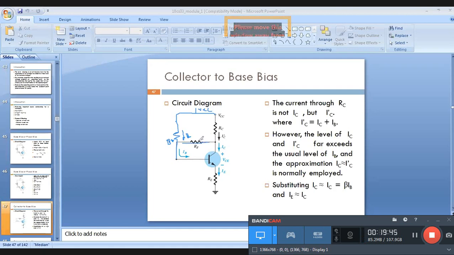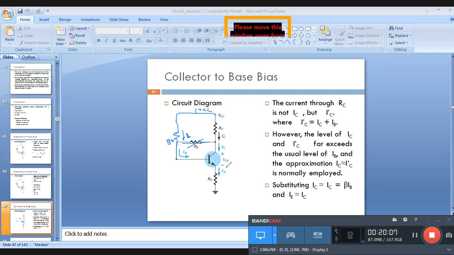Now see here in the collector to base bias, there are three terminals: collector, base and emitter. To the base terminal you always apply the input voltage, and you always calculate the output voltage through the collector terminal.